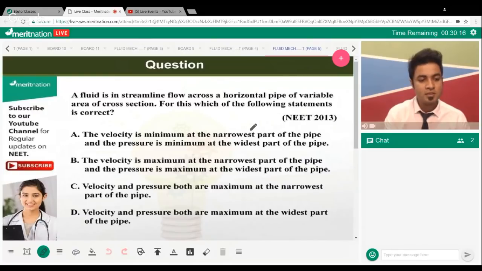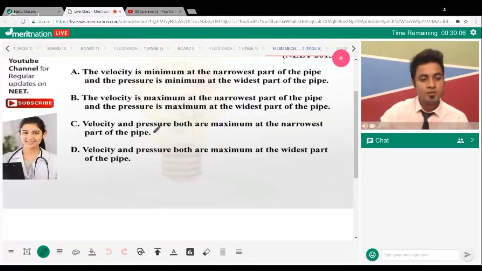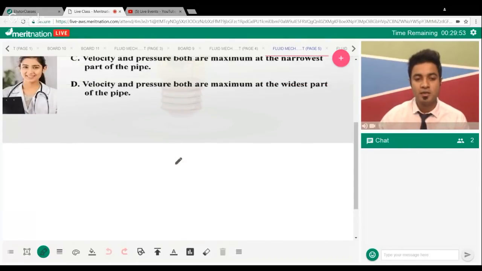Option B: the velocity is maximum at the narrowest part of the pipe, and the pressure is maximum at the widest part of the pipe. The other options are that velocity and pressure are both maximum at the narrowest part of the pipe, or both maximum at the widest part of the pipe. So which option according to you should be correct?